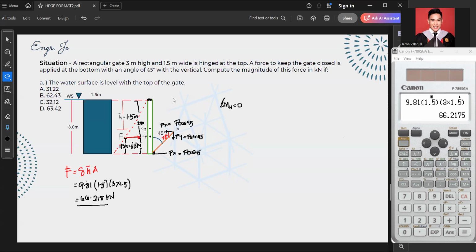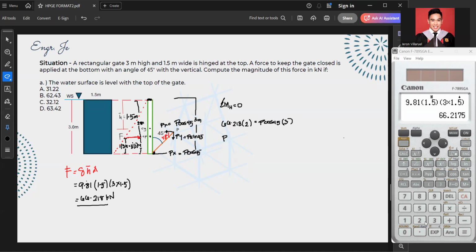So the distance from the hinge is 3 meters. We can now do our summation of moment. That is 66.218 times the moment arm, which is 2 meters, equal to P cos 45 times its moment arm, which is 3 meters. And we can have our force to keep our gate closed.